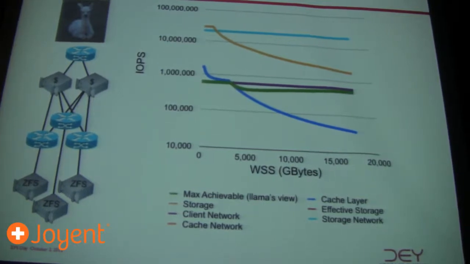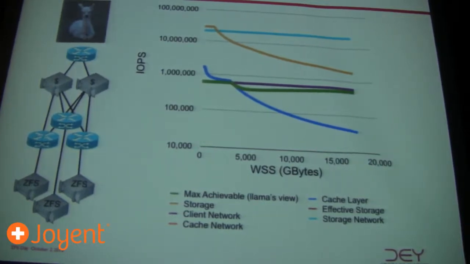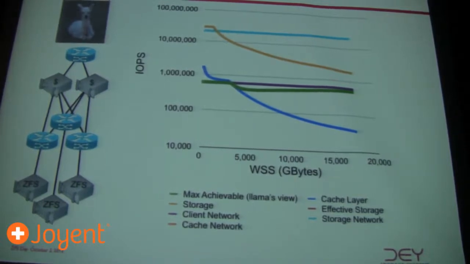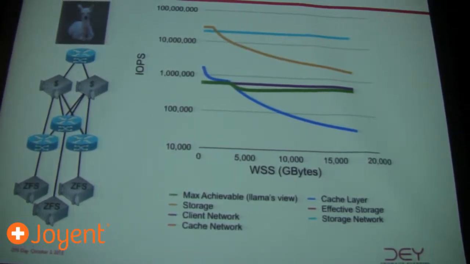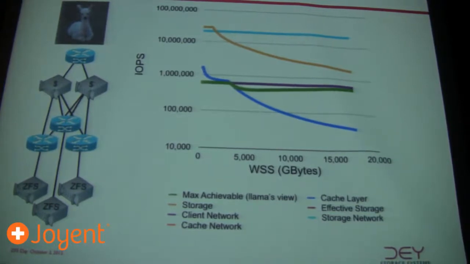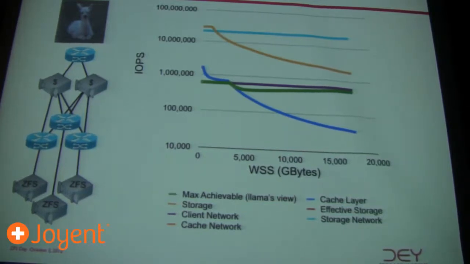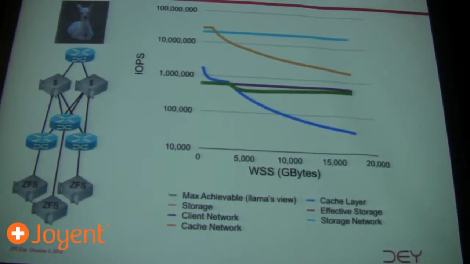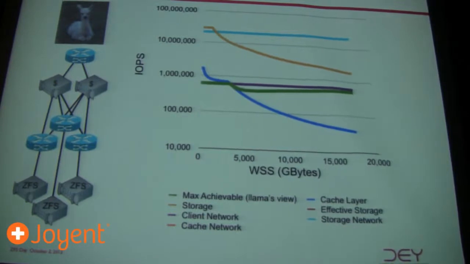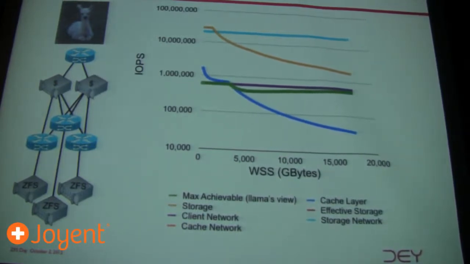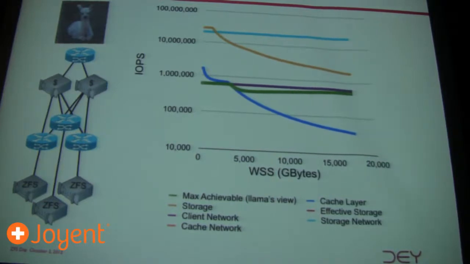And then we get some interesting occurrences. For example, you'll see that the green line, which is the max achievable llama's view performance, actually dips down and then increases as the working set size goes up. This can be counterintuitive, but it has to do with how effective the caching layer is as a function of the working set size.